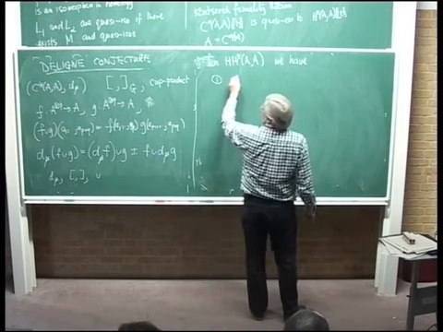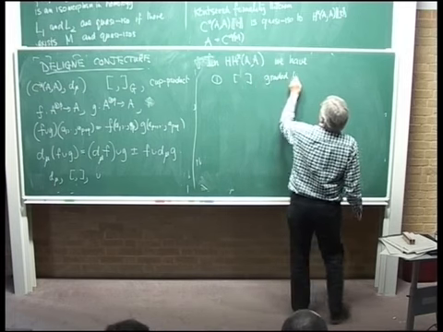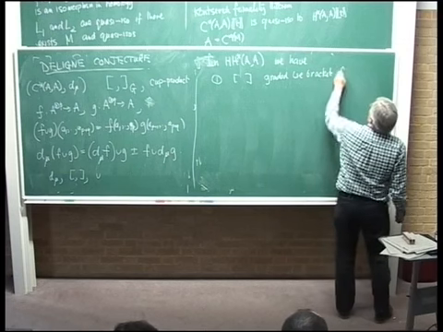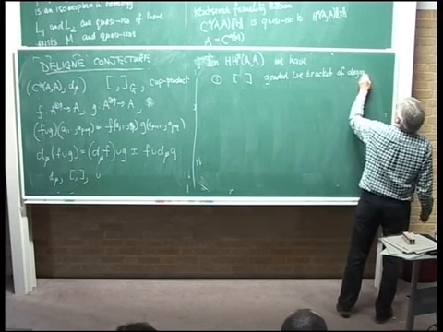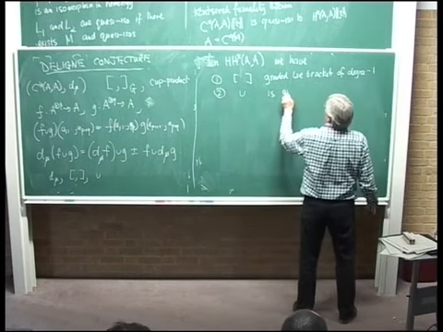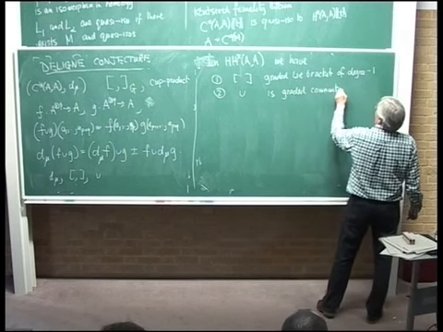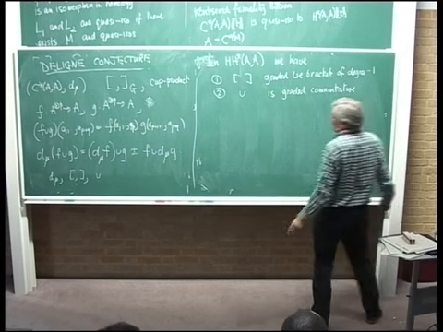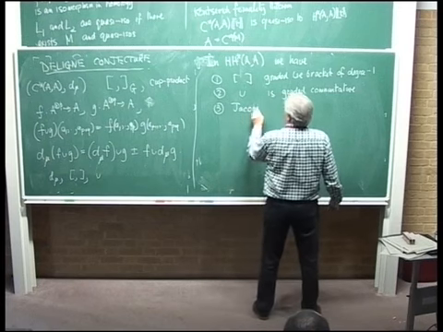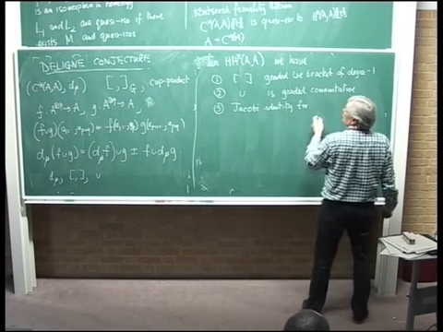The bracket is a graded Lie bracket of degree minus one, the cup product is graded commutative, and we have the Jacobi identity for the bracket.